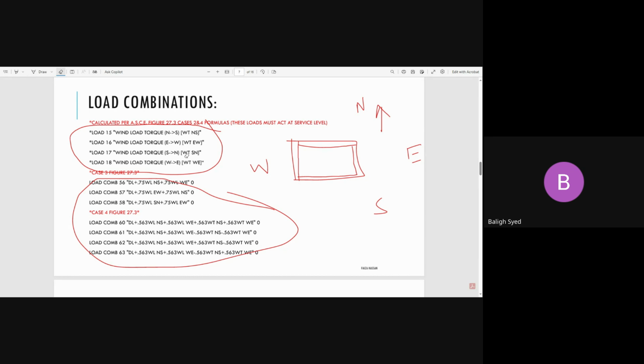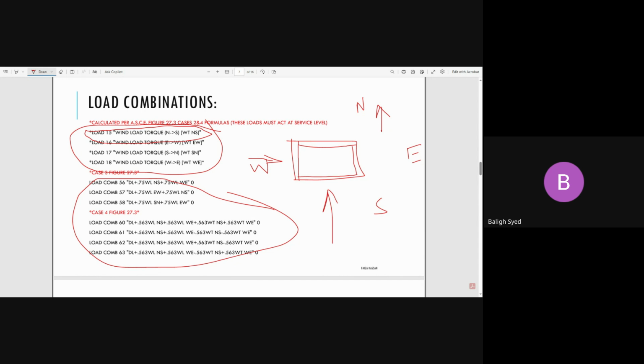See, these loads are at ultimate level. These loads are not at service level. When you generate and apply the load, this will be wind from west to east, and if you apply the load from here, south to north, but at ultimate level.